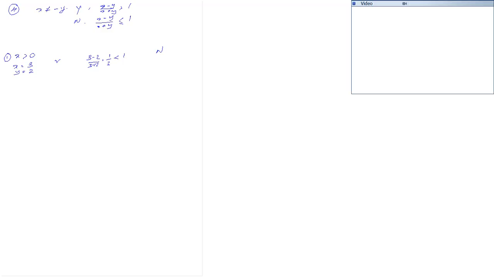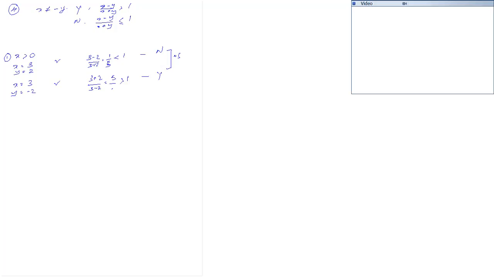If I make the numerator bigger than the denominator, I have to take y negative. Y is equal to minus 2. So (3 plus 2) upon (3 minus 2) is 5 upon 1, which is greater than 1. So I get a yes. Yes or no, not sufficient.